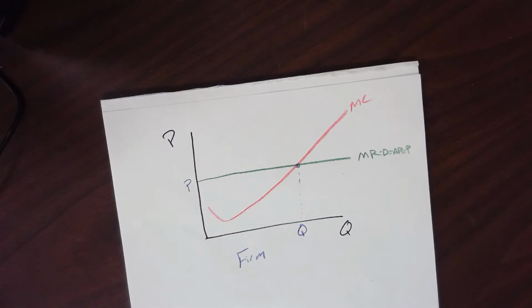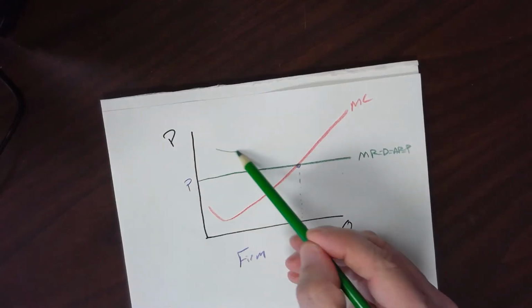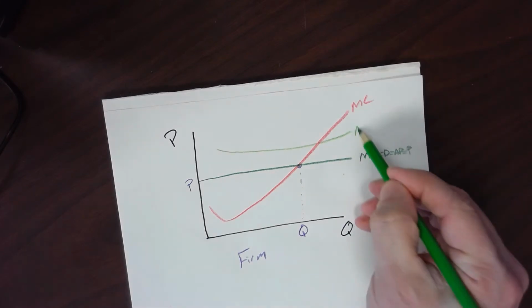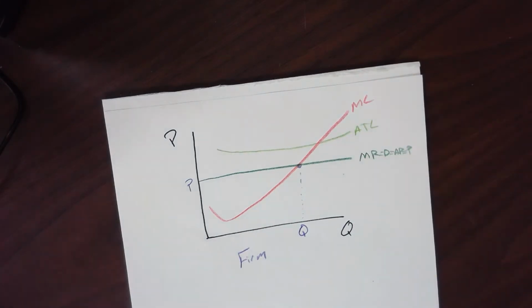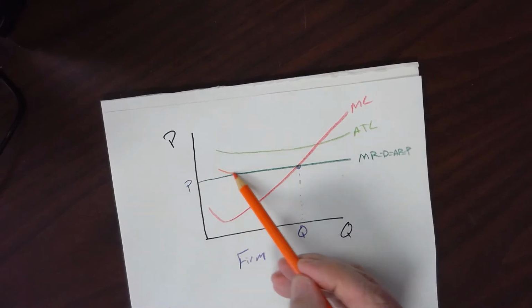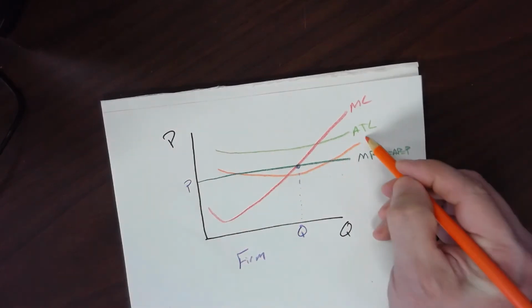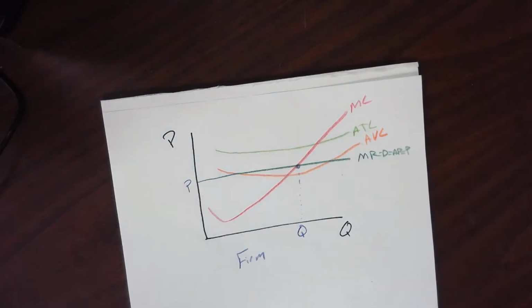Now, a loss will also include these curves. You have your average total cost curve, and then you also have your average variable cost curve.